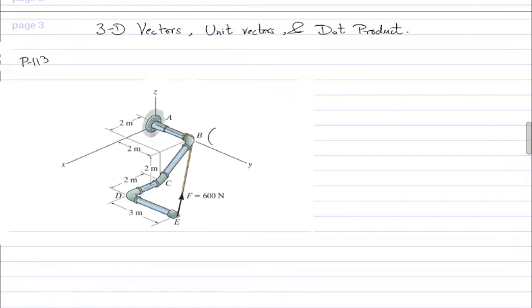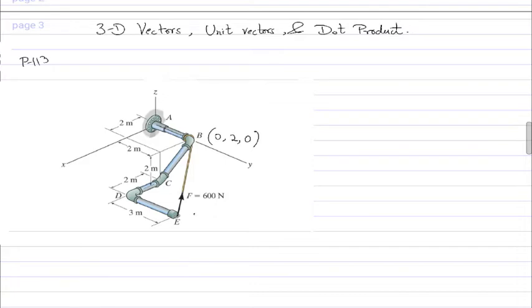So let's start with B. The three-dimensional coordinates for B are 0, 2, 0. Just look at the figure and figure out how I derived these coordinates.